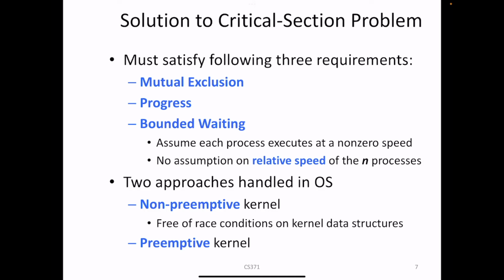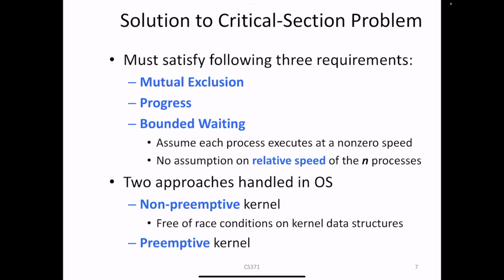For the non-preemptive kernel, when a process is in the kernel, we let it execute until it gives up the CPU on its own, exits the kernel, or finishes execution. Otherwise, no process will interrupt it. Therefore, for a non-preemptive kernel, no race condition problem exists.